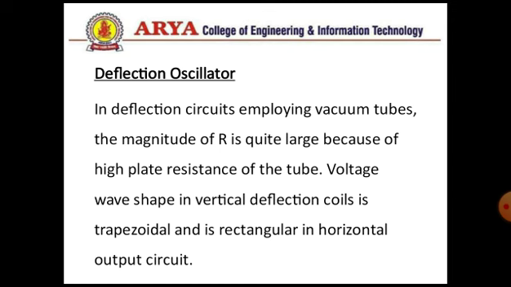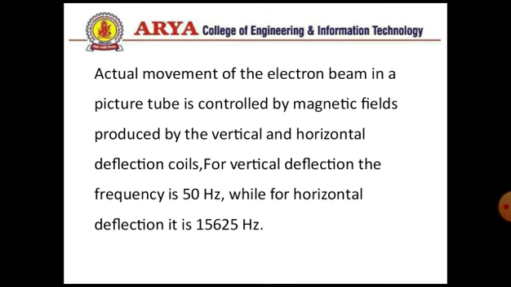So if we talk about the vertical deflection coils which give the vertical deflection, then the wave shape at the output is trapezoidal type, and for the horizontal circuit or horizontal deflection coil, the output is of rectangular type.